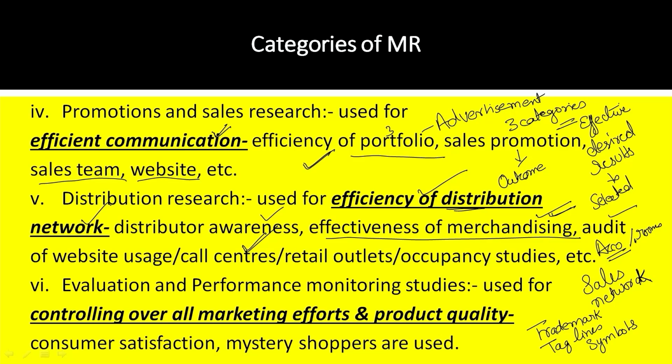And the last one, the sixth one, is evaluation and performance monitoring studies. The name itself suggests it is done to find out the level of customer satisfaction and what the customers think about it. And we have to remember that evaluation and performance monitoring is also done through mystery shoppers or mystery buyers. What are mystery buyers?